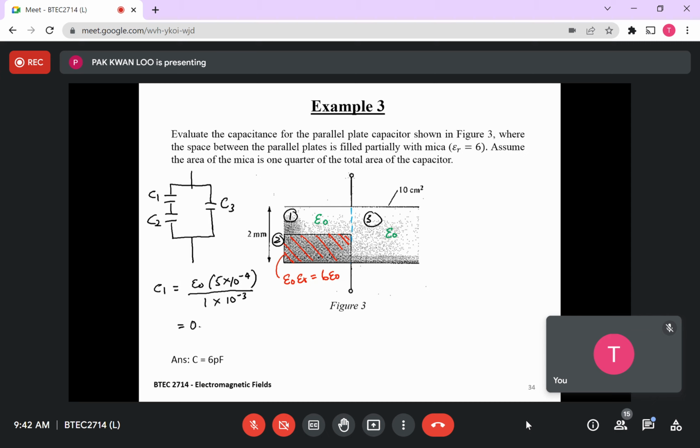So we have 0.5 epsilon naught. Then C2, again we have 6 epsilon naught, the total permittivity, times 5 times 10 to the power of negative 4, the occupied area, divided by 1 times 10 to the power of negative 3.